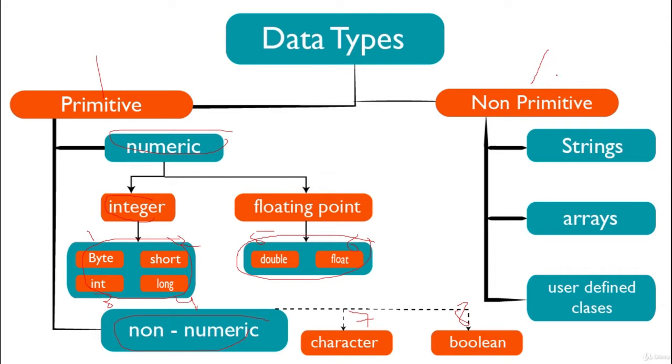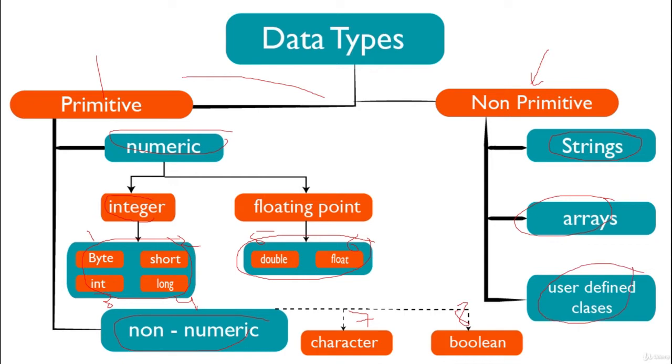So these are the primitives: byte, short, int, long, double, float, character, and boolean. And the second type, which is non-primitives, are string, arrays, and user-defined classes.